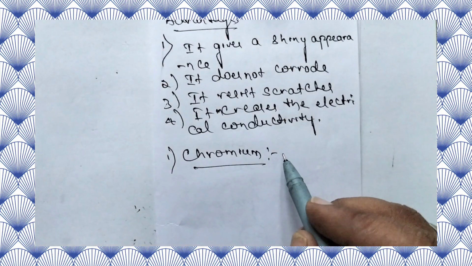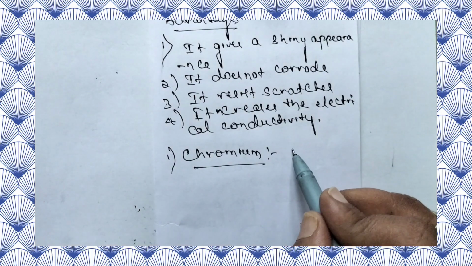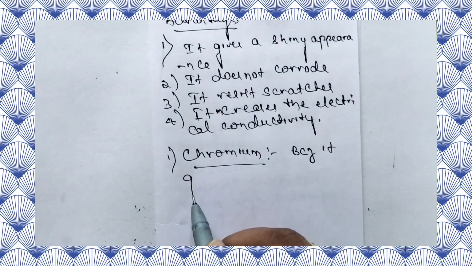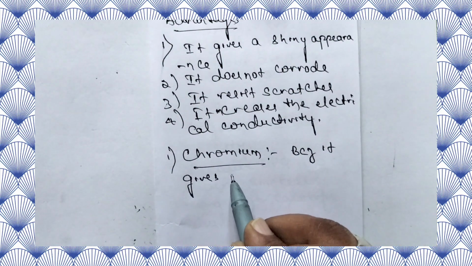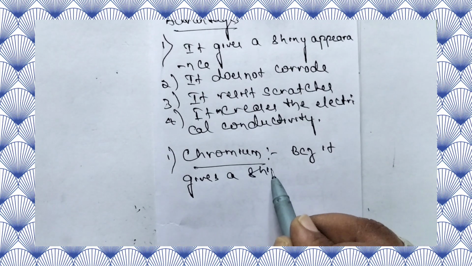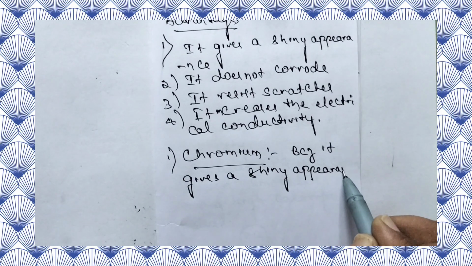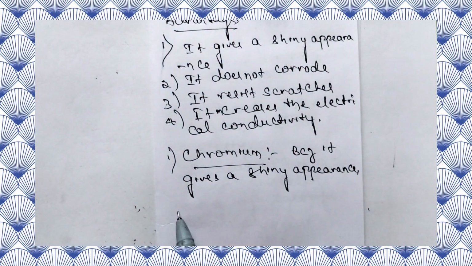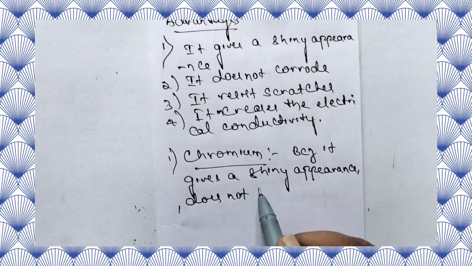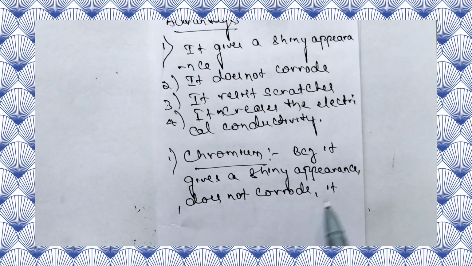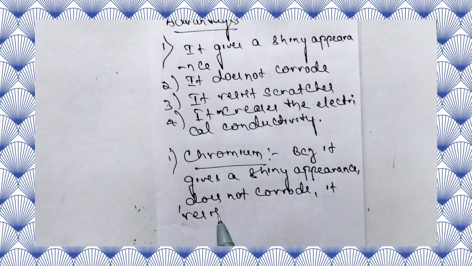So a material is electroplated with chromium because it gives a shiny appearance, does not corrode, and resists scratches.